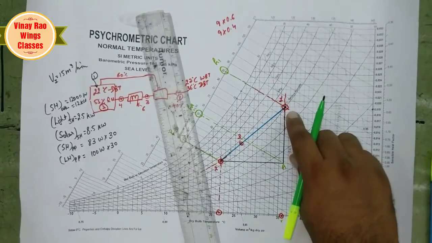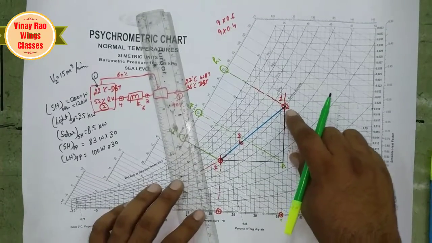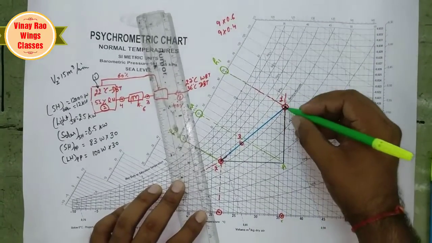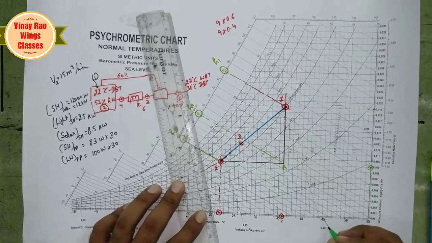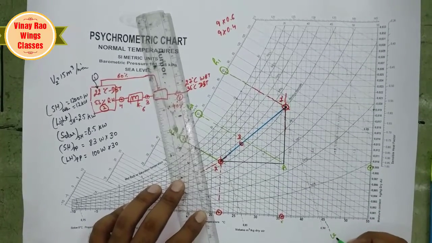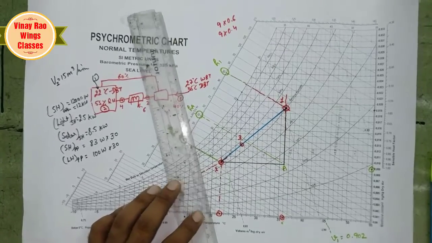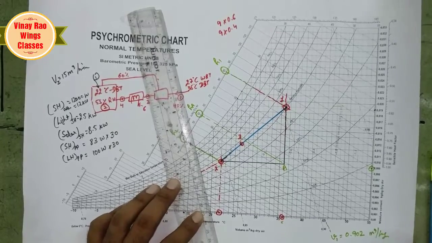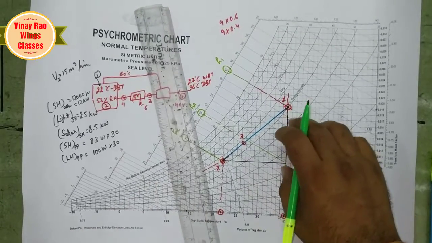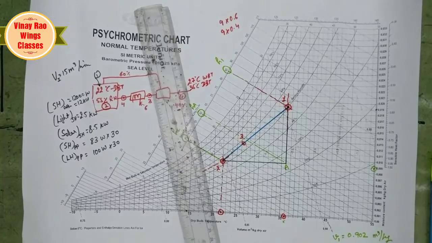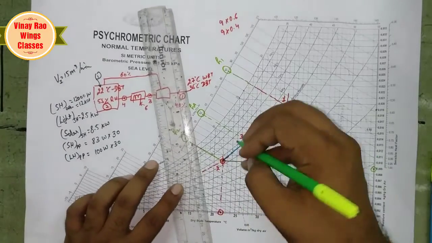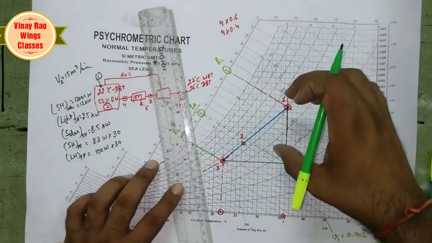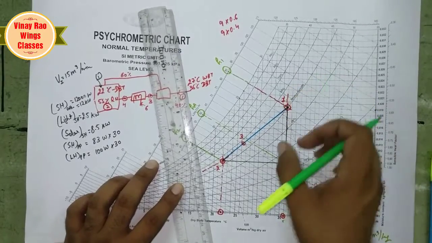That means at point number 1 we got specific volume of 0.902 meter cube per kg. So we will calculate the latent heat due to infiltration and sensible heat due to infiltration.